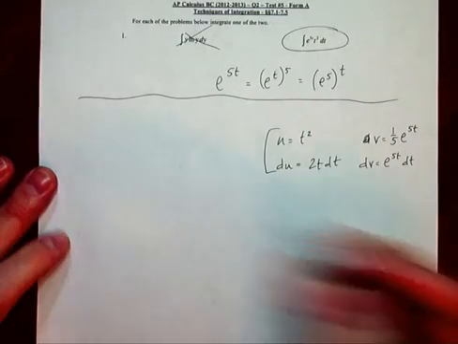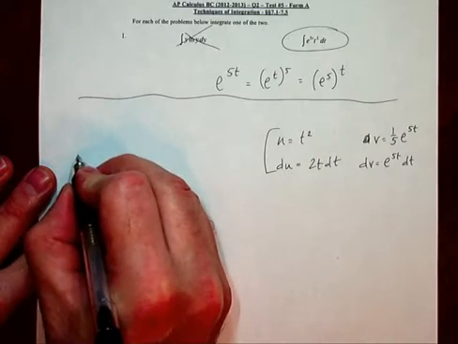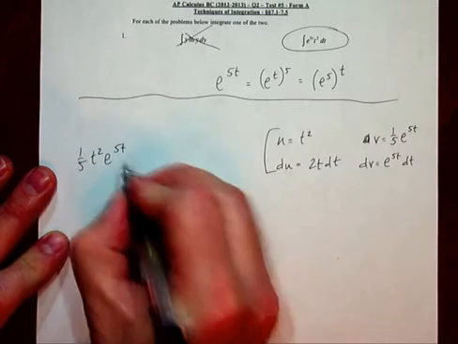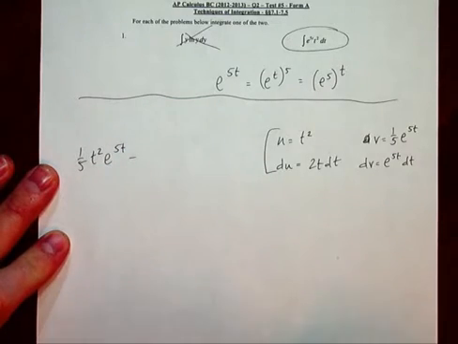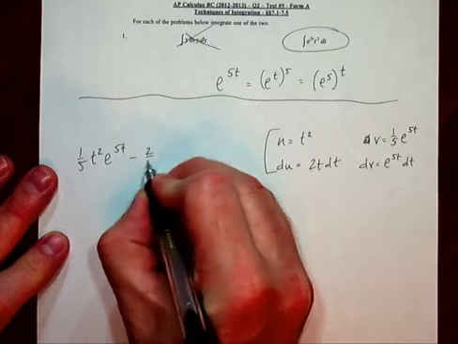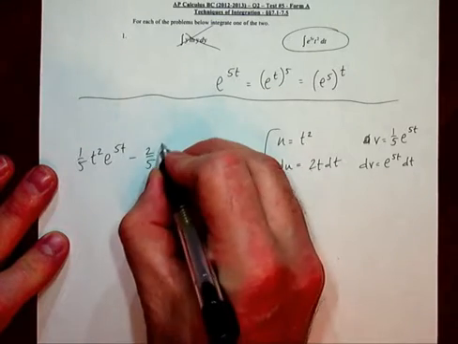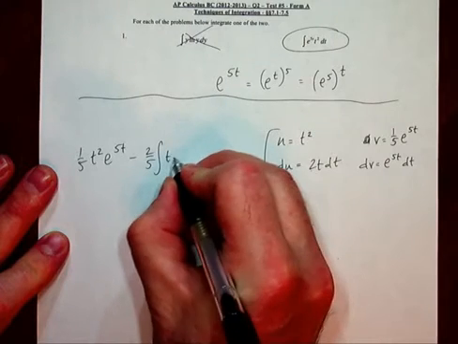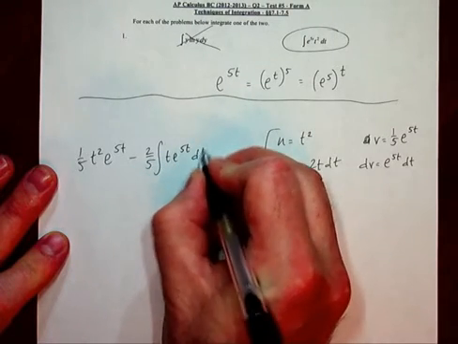That means I have 1/5 t squared e to the 5t minus, and you have a 2 and a 1/5 here that you can pull both of those out in front of the integral before stating it as t e to the 5t dt.